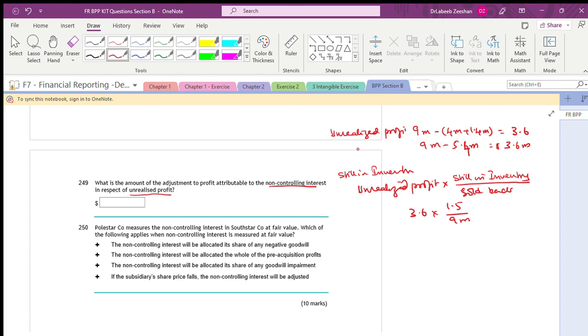How much will you get? You will get 0.6 million, or 600,000. Okay, 600.